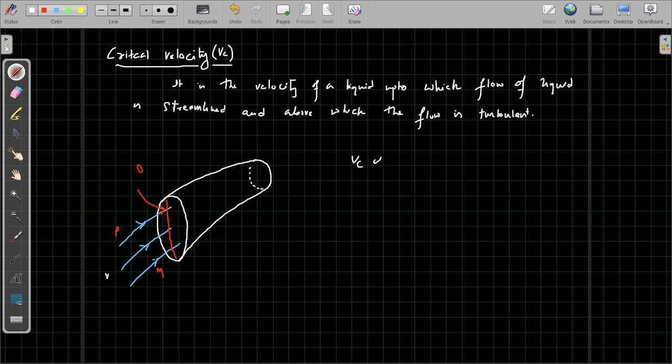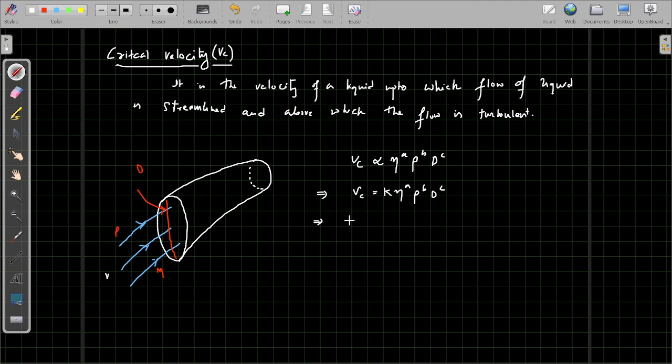So Vc is proportional to the coefficient of viscosity eta to the power A, the density of the fluid rho to the power B, and the diameter of the pipe d to the power C. Whenever we remove the proportional sign, we get a constant. This constant K is called the Reynolds number. We will come to that. Then rho to the power B, then d to the power C.